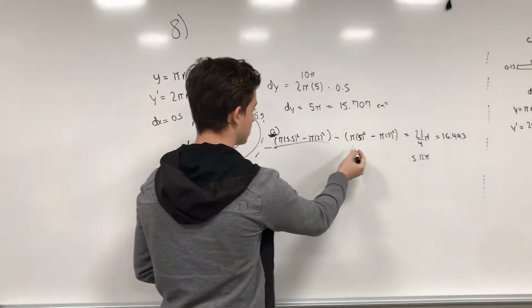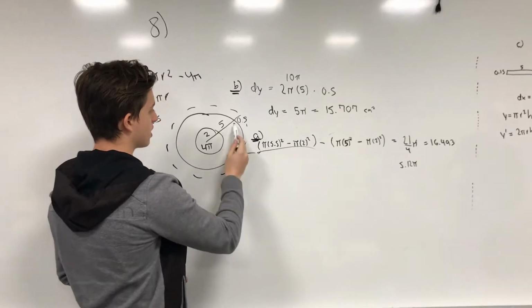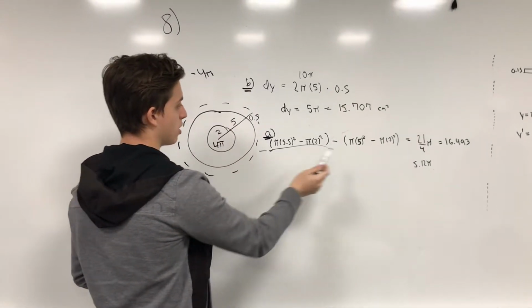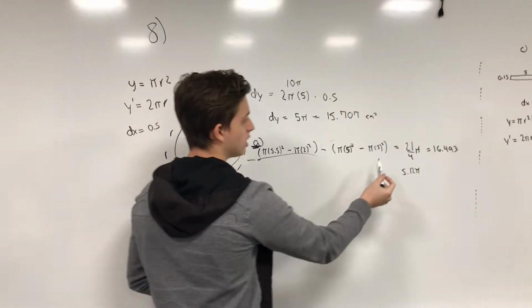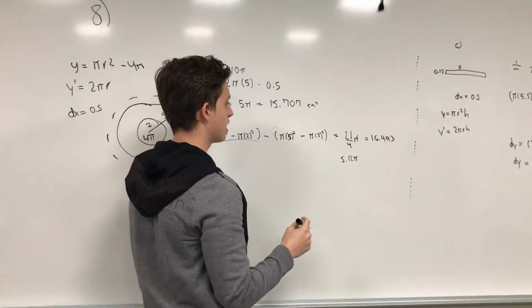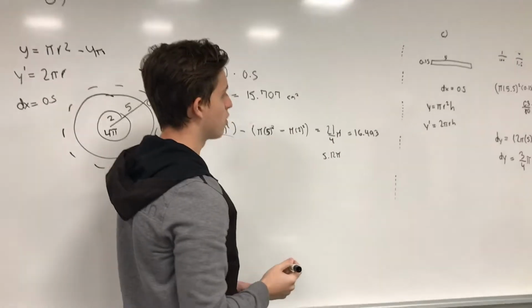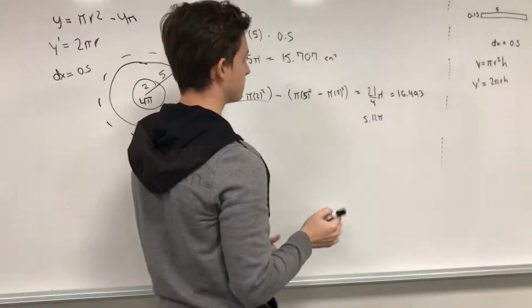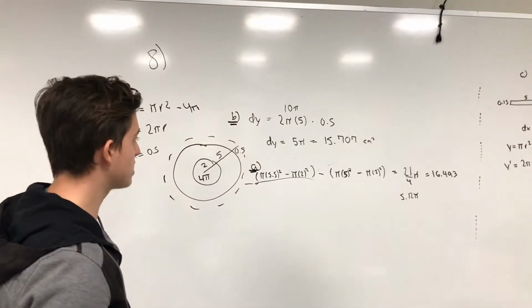Then after that we did the same thing with the inner ring, minus the whole part, and we got this answer, 21 over 4 pi, that is equal to 16.493. Okay, so now we want to get dy.